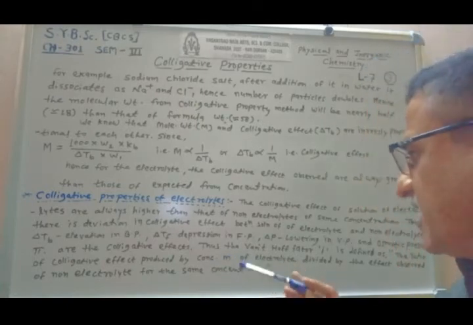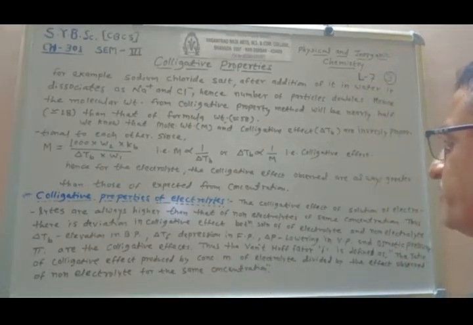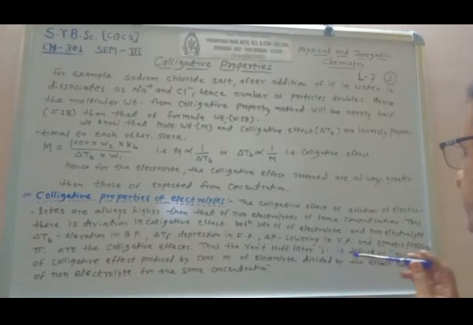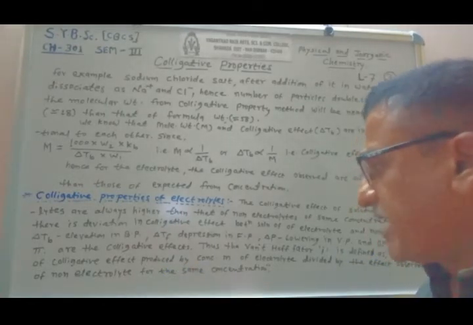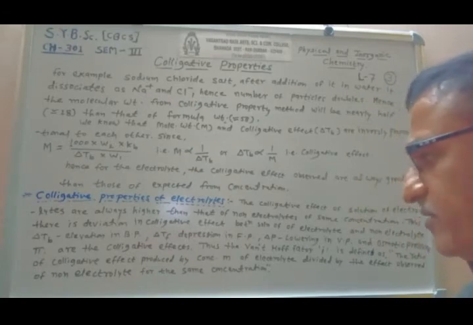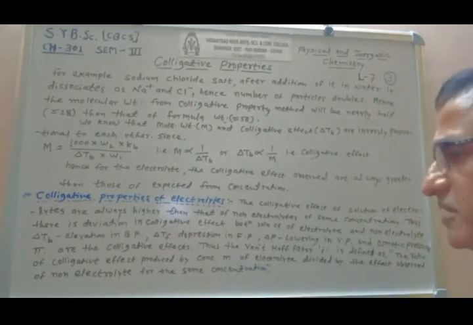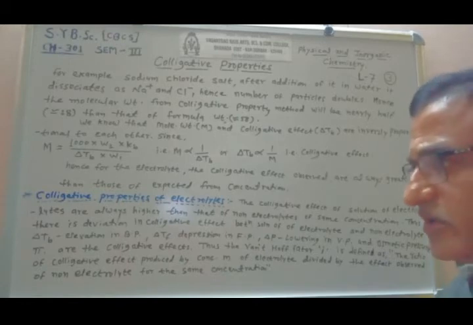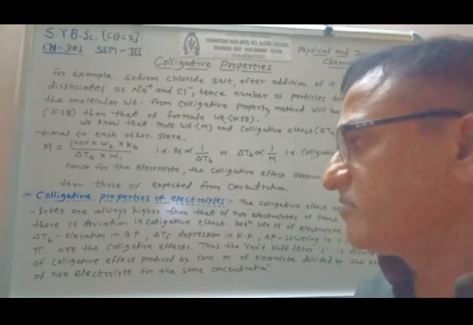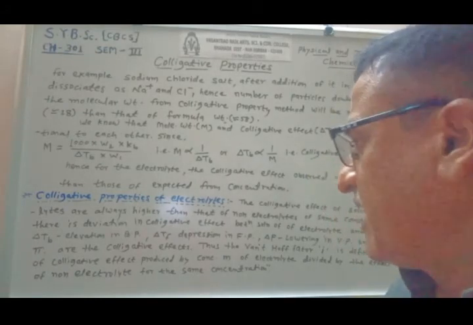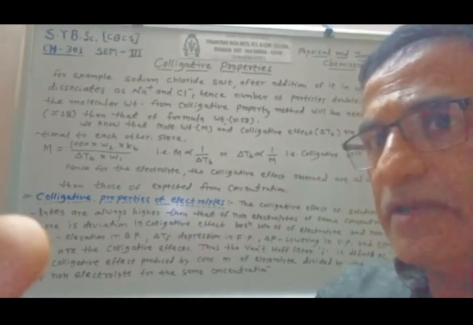The van't Hoff factor i is defined as the ratio of the colligative effect produced by concentration molality m of electrolyte divided by the effect observed for non-electrolyte of the same concentration. In this way we can explain the factor i.